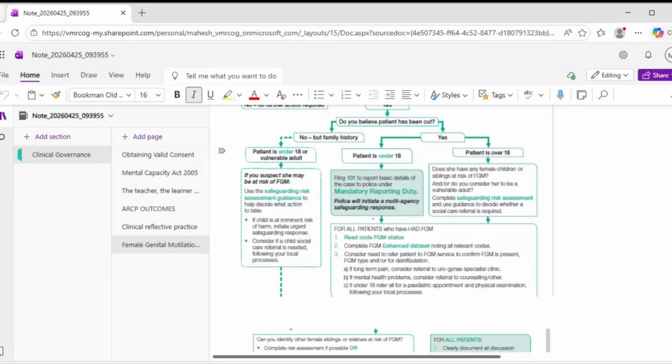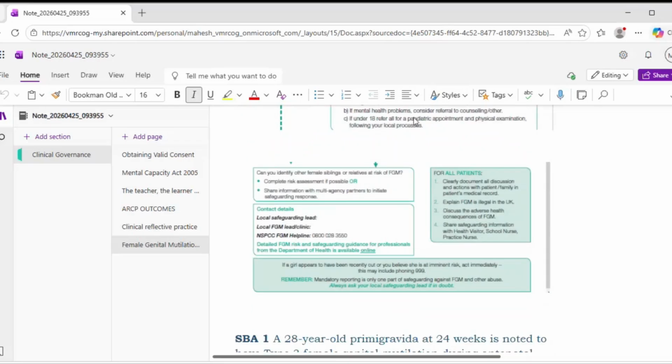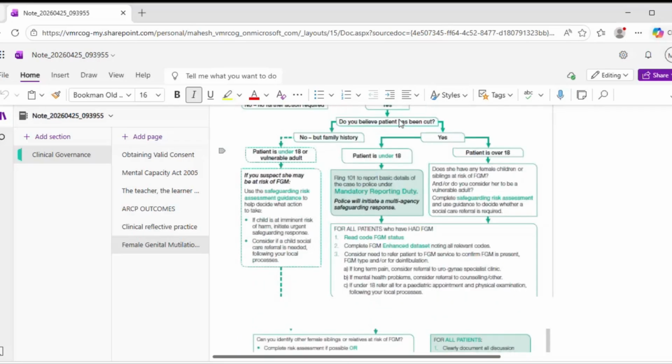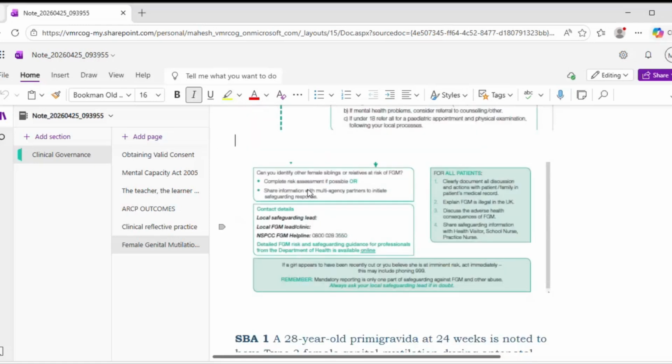Urogynecological referral will be required. Mental health referral will be required, counselor for the counseling, and below 18 paediatric referral will also be required. And for all these patients, whether she is below 18, above 18, has undergone FGM or has not undergone FGM but comes from the community, these are the things which we have to do.